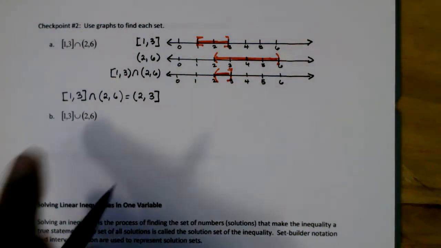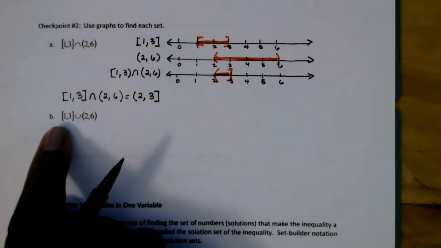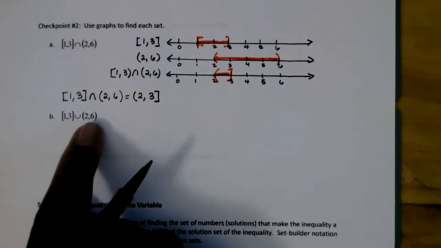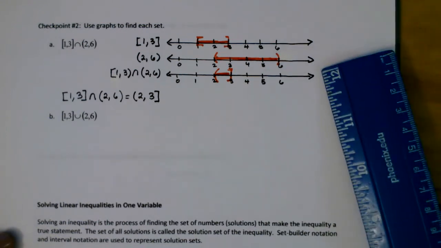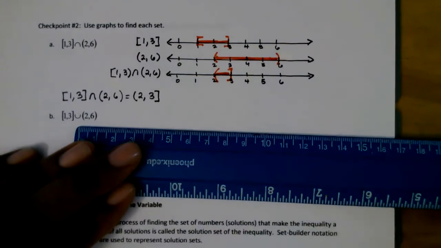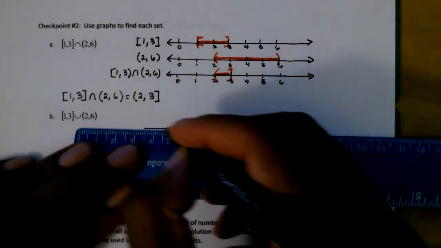Now for part B, we have the union of these same two intervals: the union of the closed interval [1, 3] and the open interval (2, 6). Well, I've already got those graphs there. I can use that to come up with my graph for the union of the two.